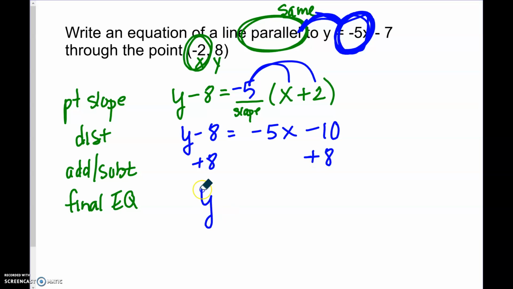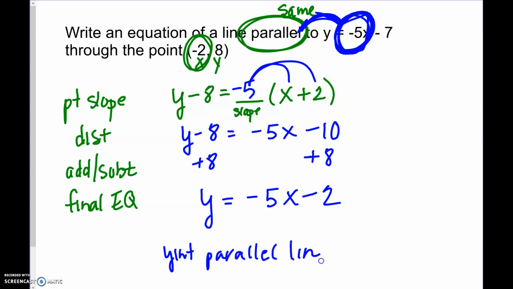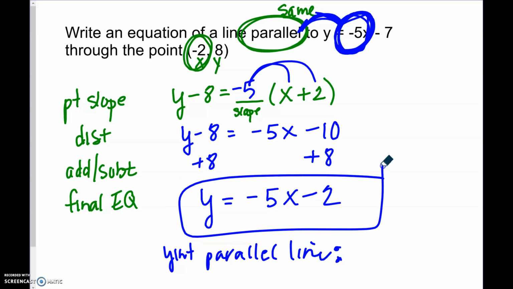So y equals -5x minus 2. Now, a question on the test might say, what is the y-intercept of the parallel line? The line that's parallel is going to be this new equation that we just came up with. And what is the y-intercept? It is a -2.